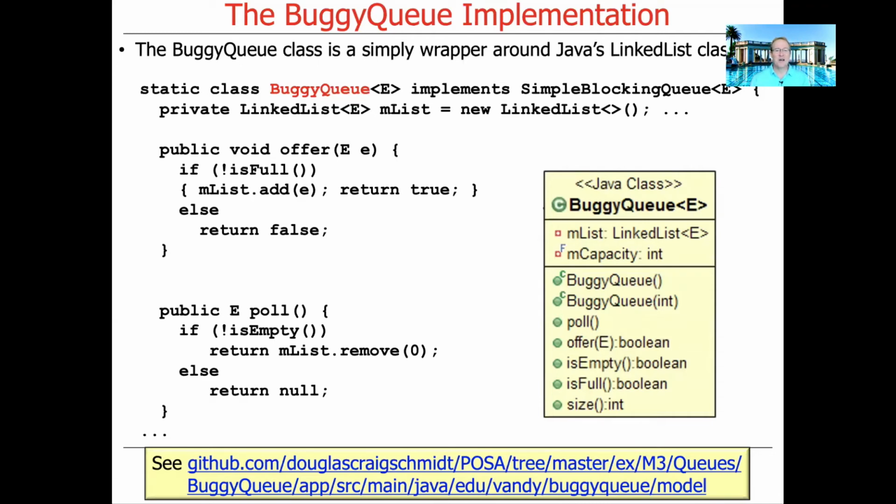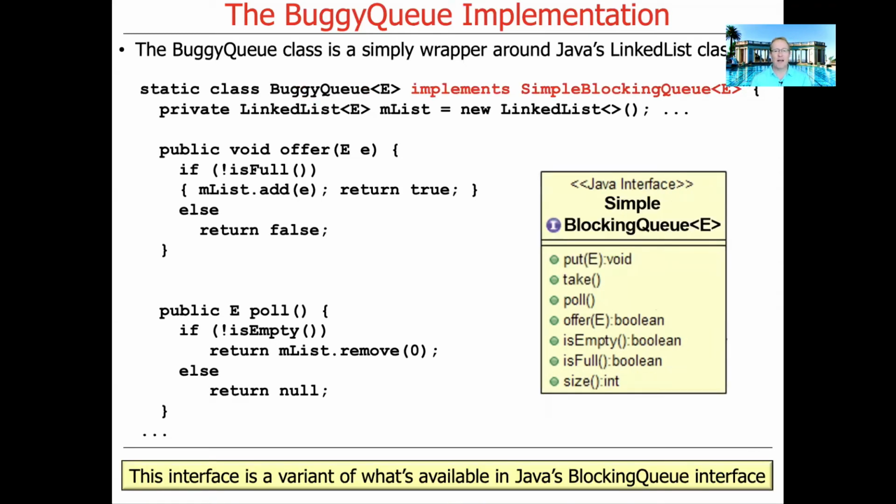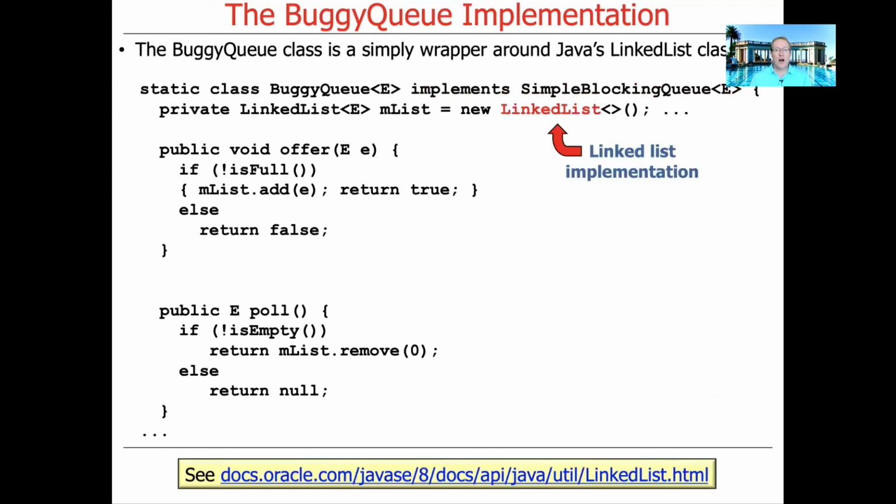So let's take a look and see how not to implement a blocking queue. Here's BuggyQueue. As you can see, BuggyQueue is going to implement SimpleBlockingQueue, which, as I mentioned before, is just a subset of Java's BlockingQueue interface, because we don't want to implement dozens of methods for our simple example. Our implementation will use a linked list. One of the nice things about this is it would be relatively straightforward to replace the linked list with an array list.